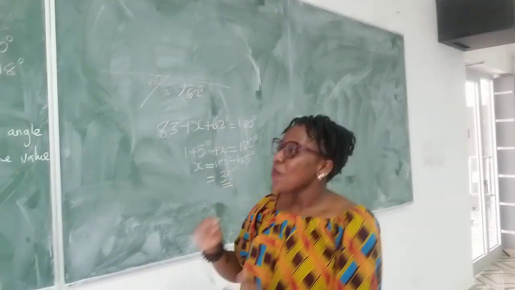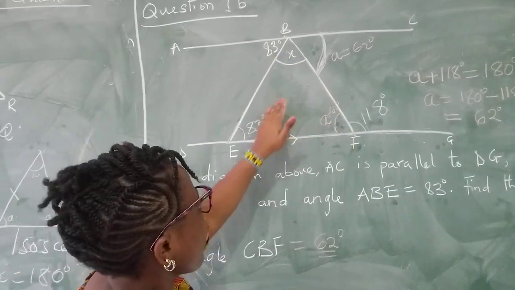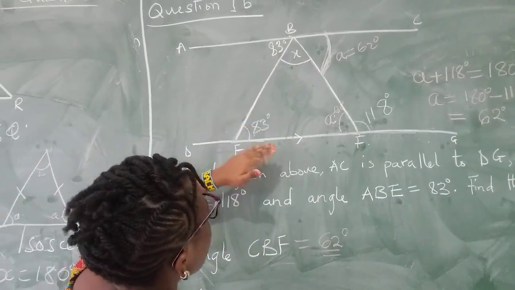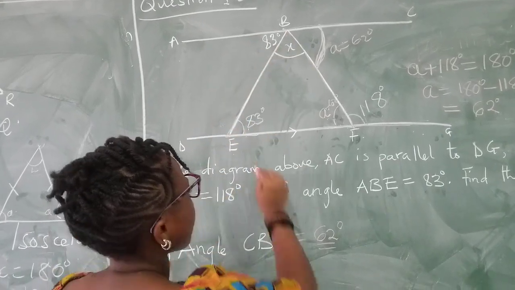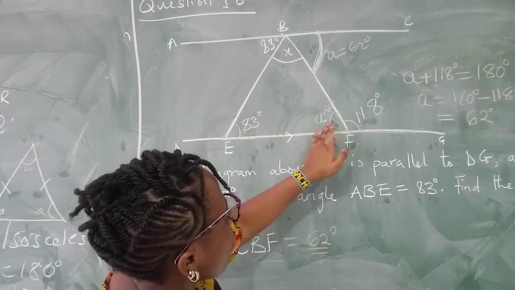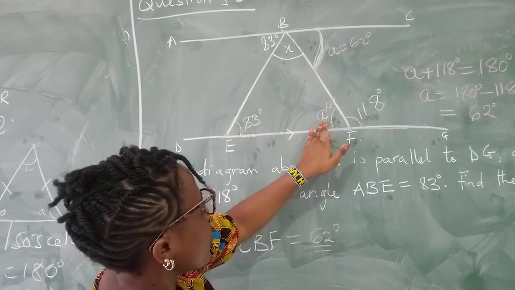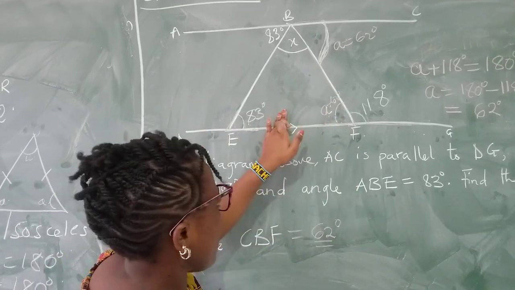Alternatively, we can use the property of angles in a triangle to calculate the value of x. Remember, we already obtained this angle using the alternating angles property, which is 83 degrees. This angle we already know is 62 degrees. And we know angles in a triangle will sum up to 180 degrees.